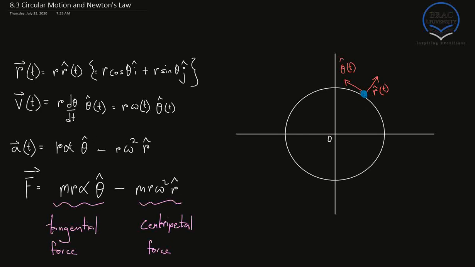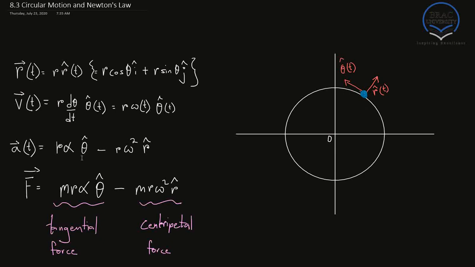As you remember, this r alpha component of acceleration describes how the particle's velocity is changing as it moves along the circle, whether it's speeding up or slowing down. So this tangential force is responsible for producing this tangential acceleration.